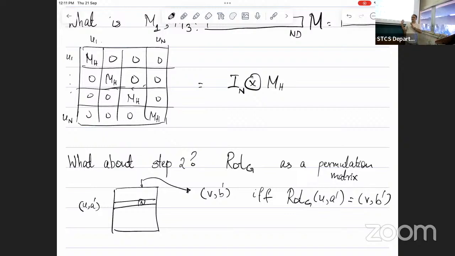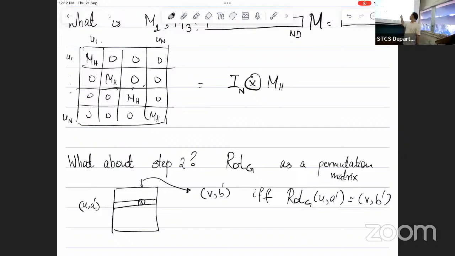Sorry, how did you compute Rot_G when you were given (u, a')? G had some rotation map. The a'-th neighbor of u is some vertex v, but the edge you took to go into v, v calls it some b'.